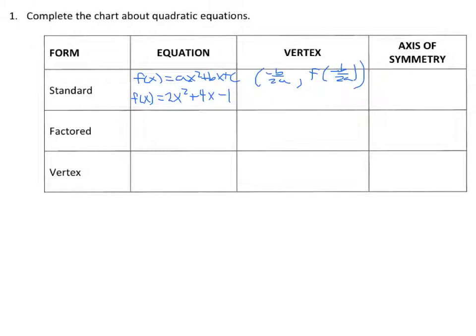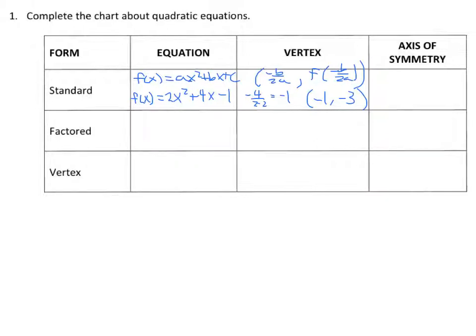In this example, to find the x coordinate of the vertex, I would do negative 4 over 2 times 2, which gives me negative 1. Then if I plug negative 1 into the function, I get negative 3. So the vertex would be the point negative 1, negative 3.